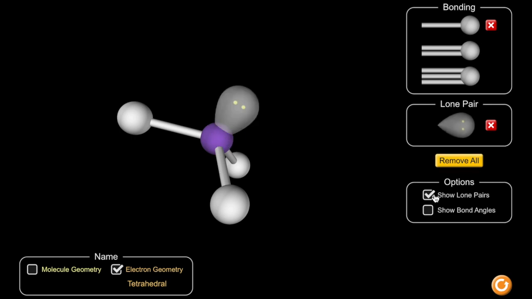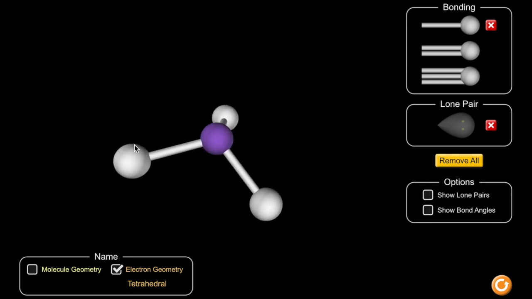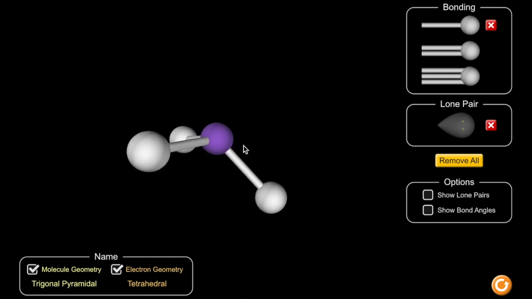And since there's 4 electron pairs, including that lone pair, we still call it tetrahedral. But for the molecular geometry, because all we can see is the bonding pairs around the central atom, we would call this trigonal pyramidal, because it has the shape of kind of a flat, low pyramid with a triangle base.